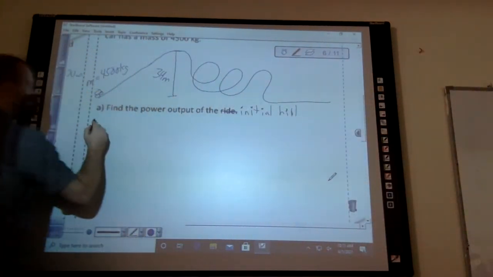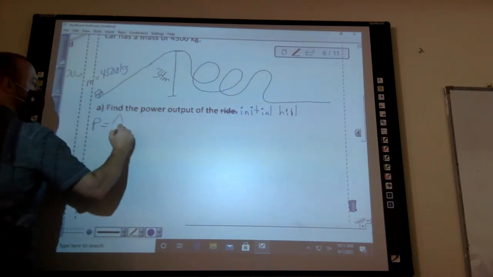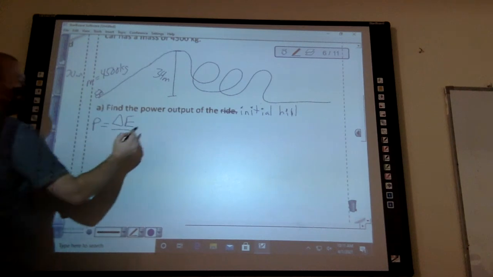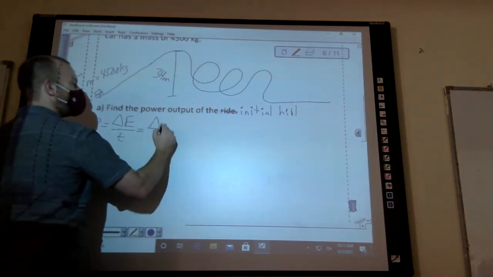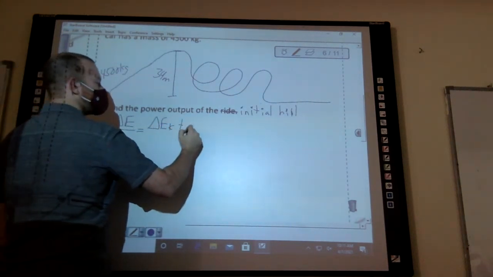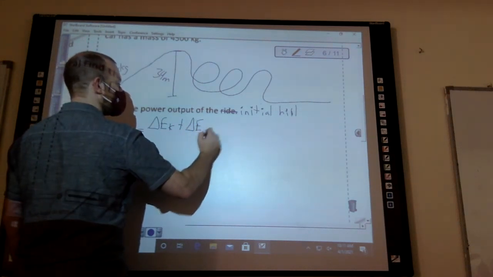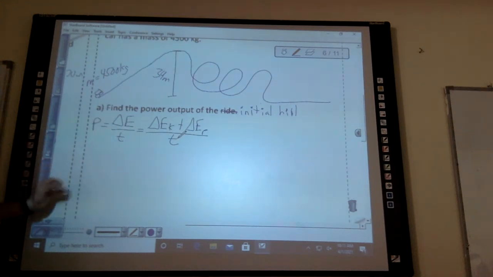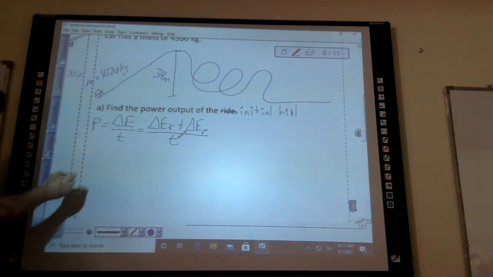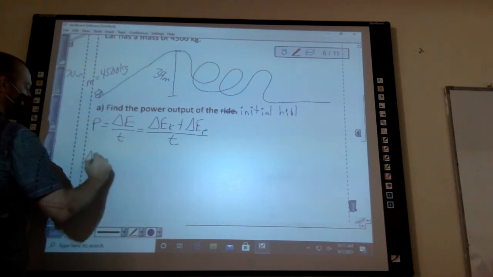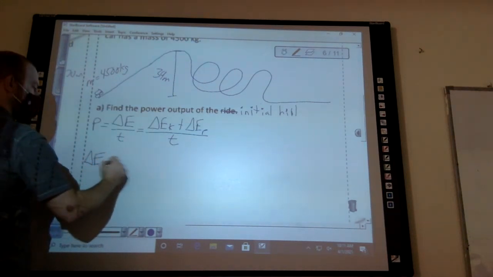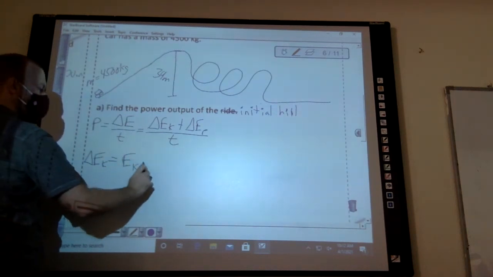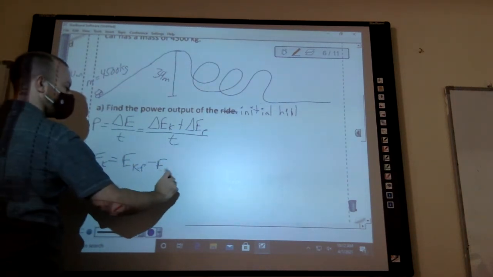I got it. So power is change in energy over time, because we're dealing with work. But in this case, it's change in kinetic energy plus change in potential. So rather than do this in one big equation, let's do it separately. So let's figure out what is my change in kinetic energy first. So this is kinetic final minus kinetic initial.